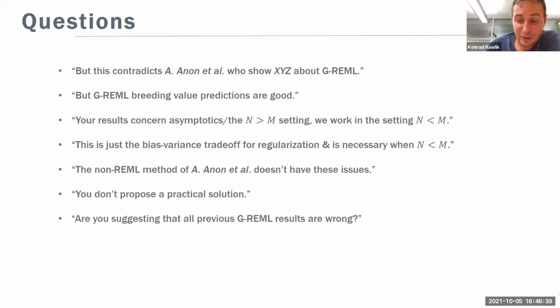And then I guess the most important one is people ask whether I'm suggesting that all previous REML estimates, or results rather, are wrong. Yes and no. I think they are wrong, but I don't think it matters. If you have small sample sizes, your errors will be so large that it doesn't really matter where your central estimate sits anyway.